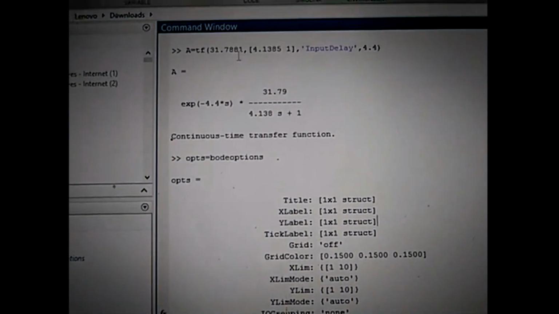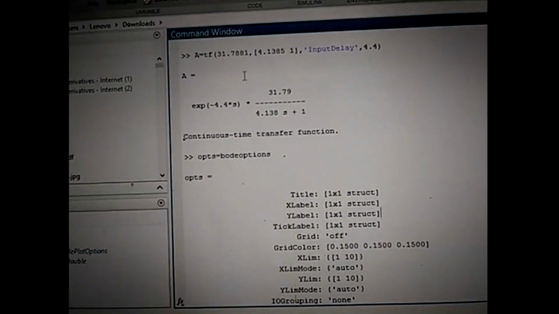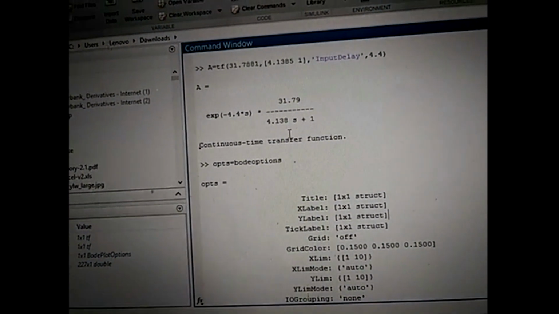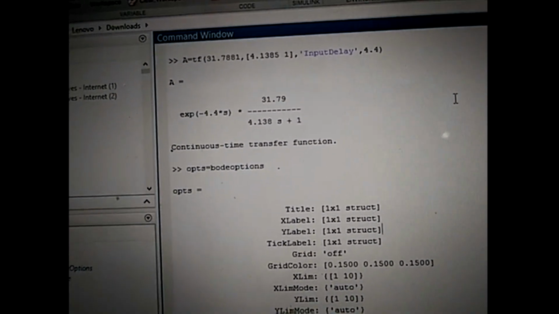Assalamualaikum. So for the next thing, I will show how to plot a Bode plot from MATLAB. So firstly, in the command window, we will input the code A equal to transfer function, which is TF, and then 31.7881 in brackets, which shows the tau, which is 4.1385, and then put a space, 1, and put a square bracket, and then put the input delay, which is 4.4, which is equal to theta.